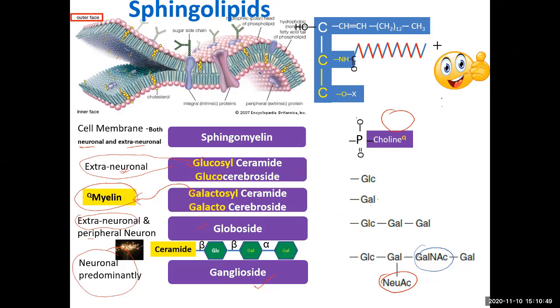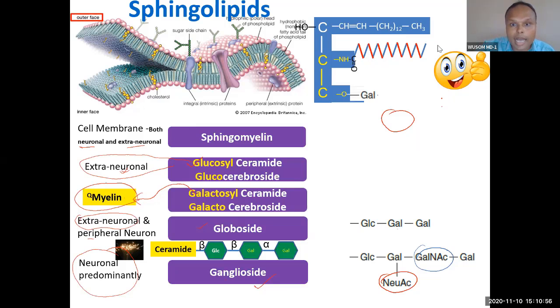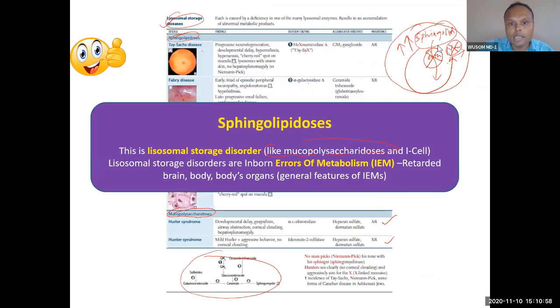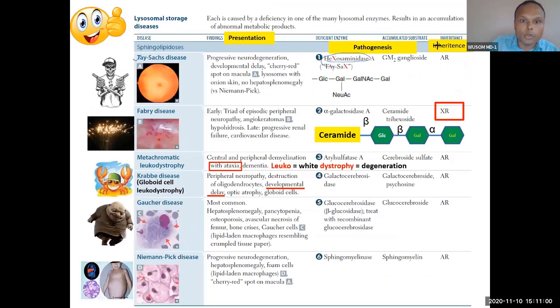No. That is why if hexosaminidase is deficient, this ganglioside is deposited in the lysosome, inside the cell. So the enzyme that catalyzes this part will be deficient. This whole is called GM1, and the ganglioside devoid of this part is called GM2 ganglioside.